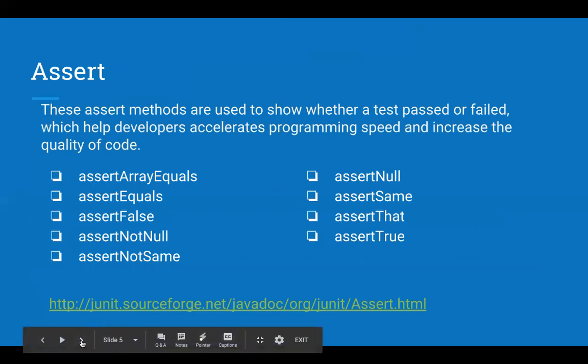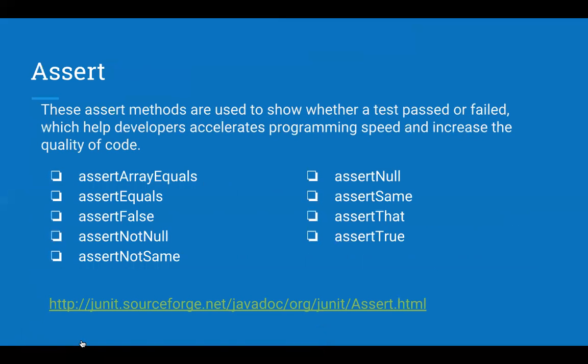The ones that we'll go over a little bit are the assert methods. They are used to show pass or fail. This helps to speed up how fast we can program, and increase our quality. The ones that Brother Tuckett said he wanted us to use are assertArrayEquals, assertFalse, assertNotNull, assertNotSame, assertNull, assertSame, assertThat, and assertTrue.